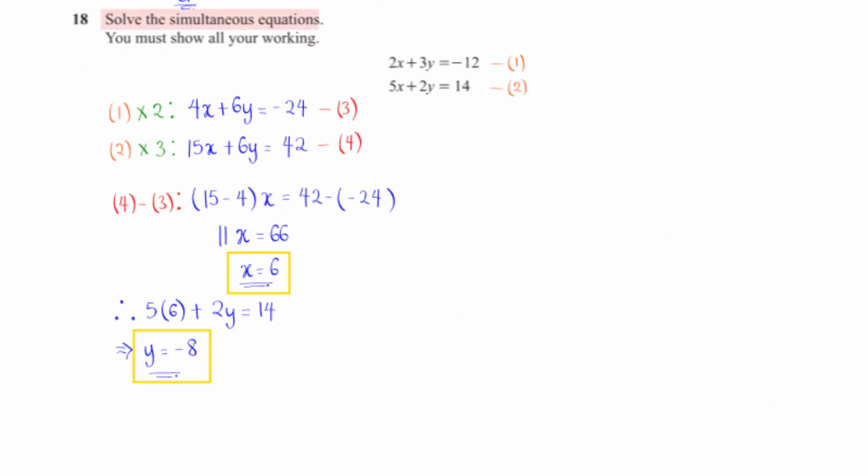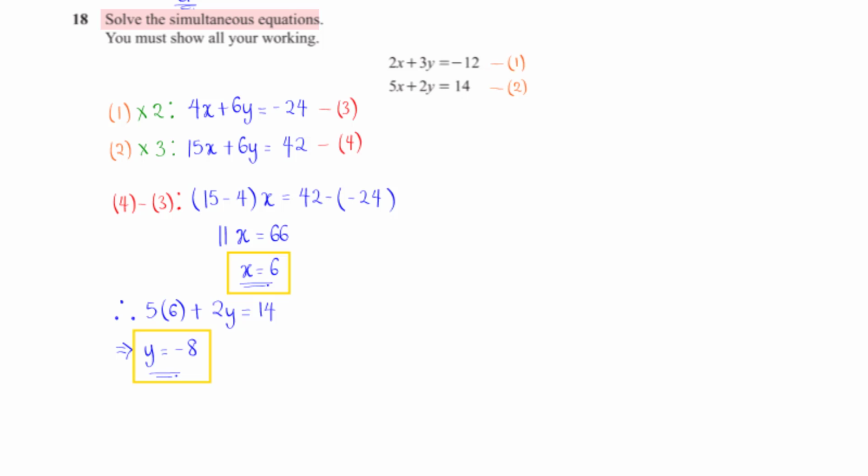Solve the simultaneous equations. You must show all your working. 2x + 3y = -12, which we have labeled as equation 1. 5x + 2y = 14, which we have labeled as equation 2. We are going to try to get 6y in equation 1 and equation 2 so that we can eliminate the variable y.